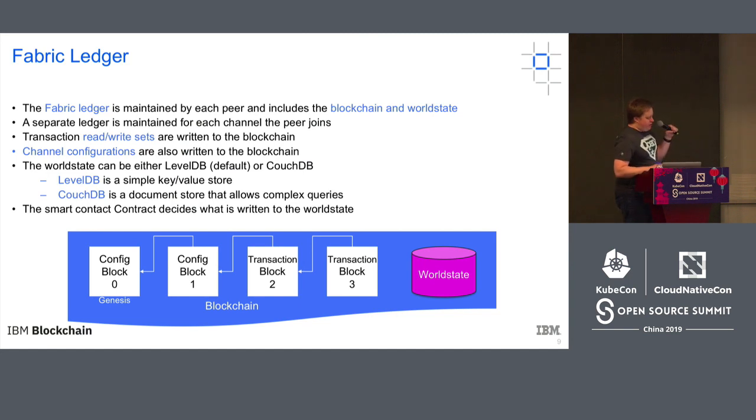And so what we have is the ledger as a concept, which consists of the blockchain as well as the world state, which is the current values of all of the various changes that have been made. And you can get to the end of the world state by basically rolling forward from the genesis block all the way forward to the final block, and that will be your final world state.